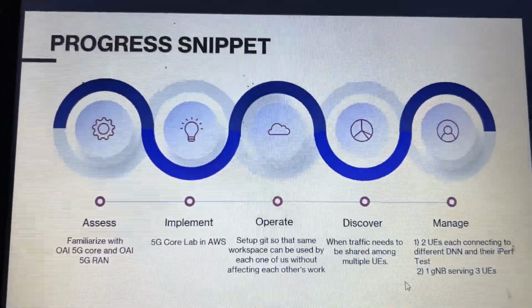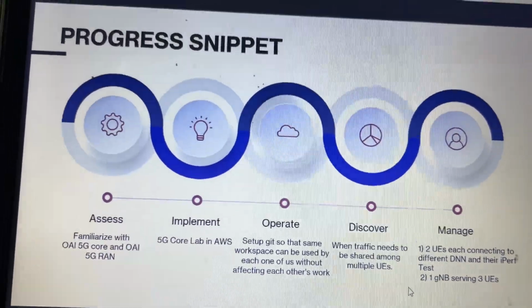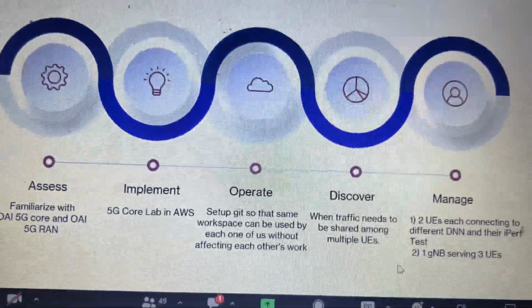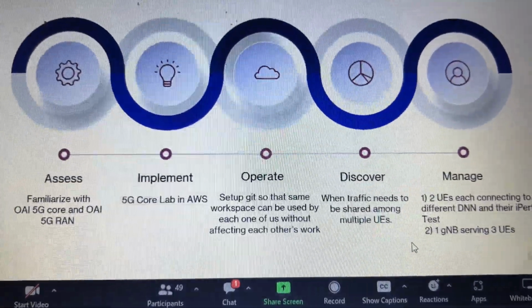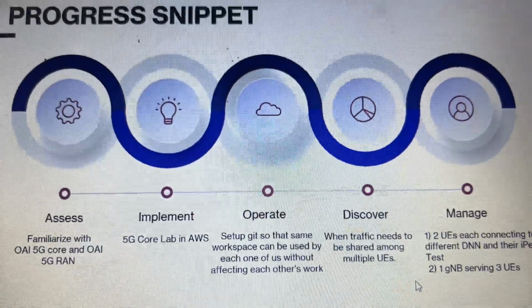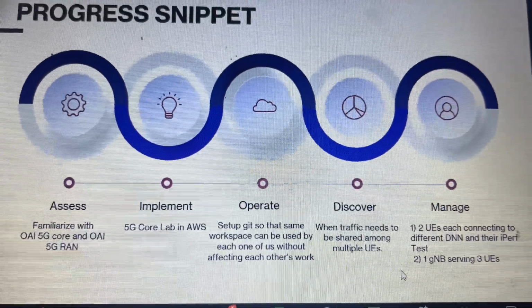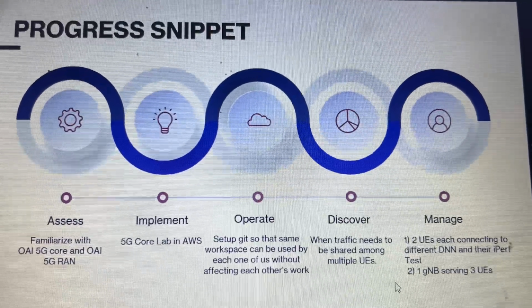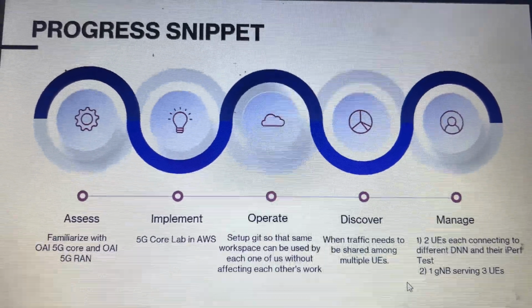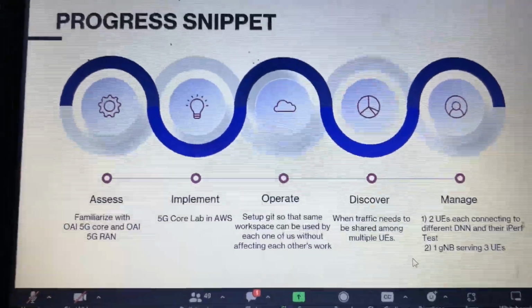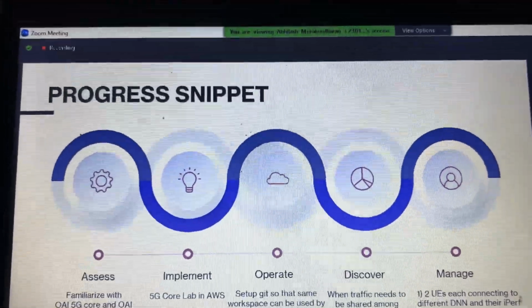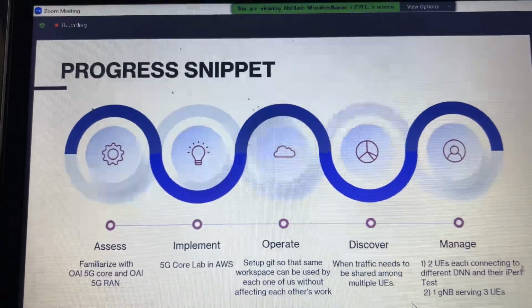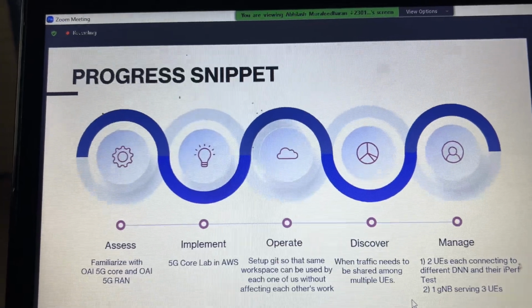Once we got to know that, we extended it a bit further by doing two more cases: where 2 UEs belonging to different DNNs and network slices were connected to the gNB, and also we extended it to 3 UEs and did the iperf test and calculated the throughput in parallel.